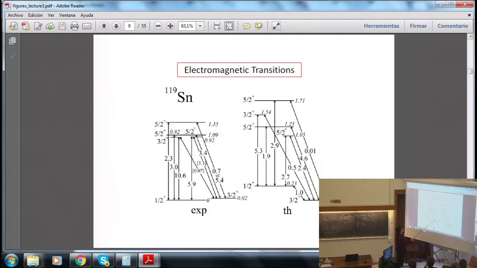So you obtain a reasonable description of the strength and weakness of the different transitions, and you also get confidence in the way you are calculating the configuration mixing, in this case with the particle and phonon intermediate states.